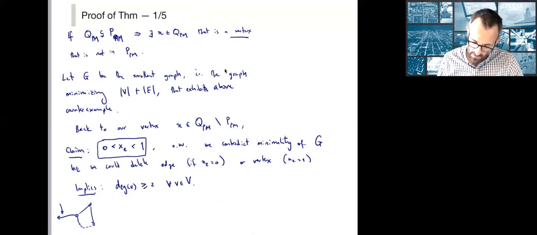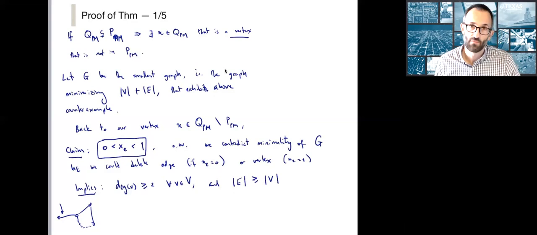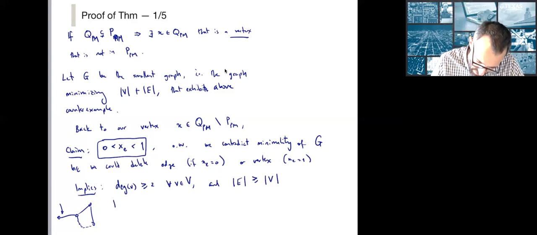So it means that we have this, and also it means, therefore, that the number of edges is greater than or equal to the number of vertices. And in particular, we know that it's going to be actually strictly greater than.